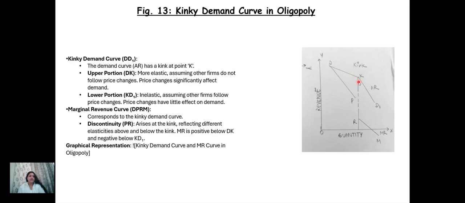And this K point to D1 shows that if other firms follow price changes, there is little effect on demand. This is the point P and this is the point R, corresponding to the kinky demand curve. So this is the kinky demand curve in oligopoly. Hope you understand this curve.